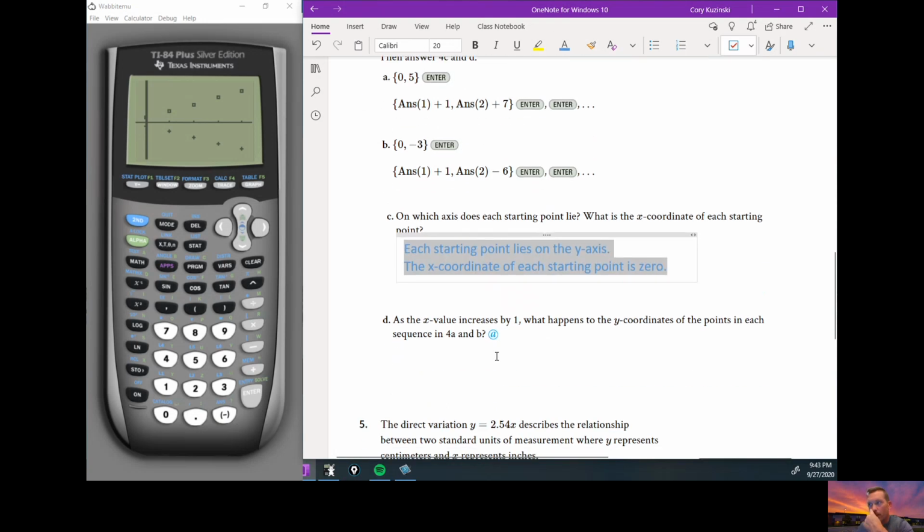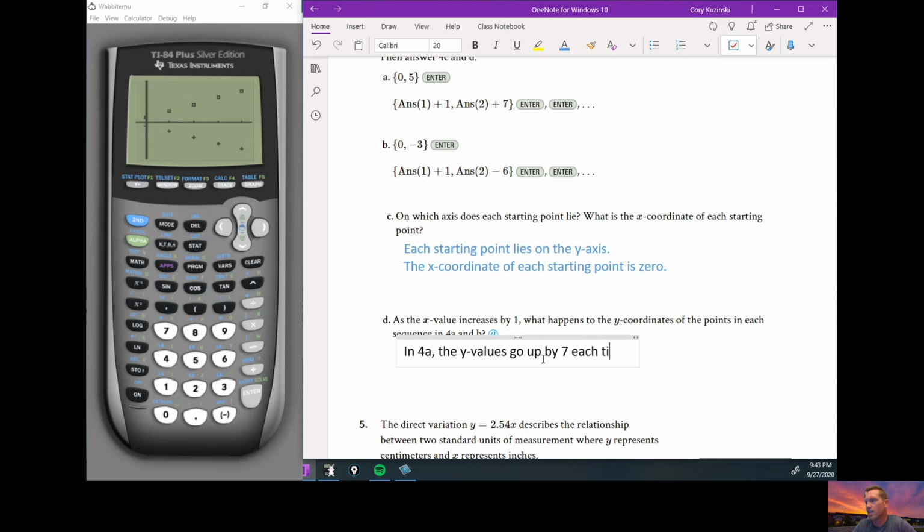As the x value increases by 1, what happens to the y coordinates in 4a and 4b? In 4a, the y values, I'm just going to type values, that's quicker, go up by 7 each time x increases by 1.